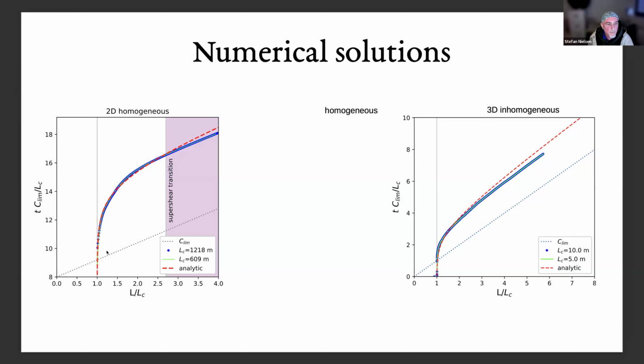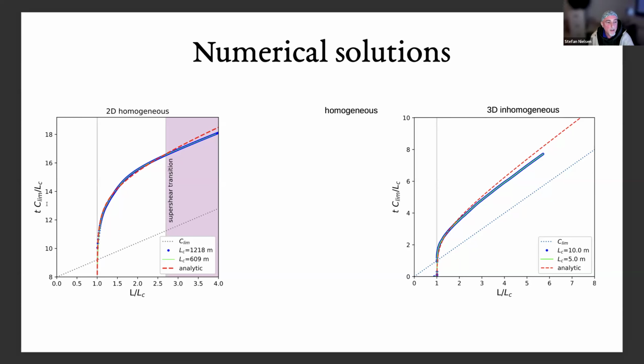Here is the comparison for the 2D homogeneous solution. So I did three different things here. First, I plotted the analytic solution, which we derived just a few slides ago. And then I plotted the numerical simulation for an initial length of, well, it just happens to be 609 meters if you want to put a dimension, and then twice as much, which is 1218 meters.